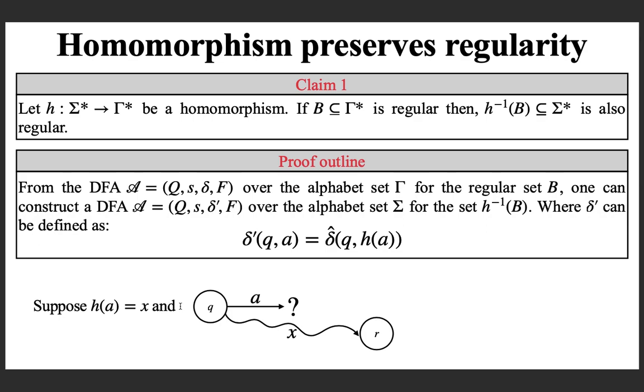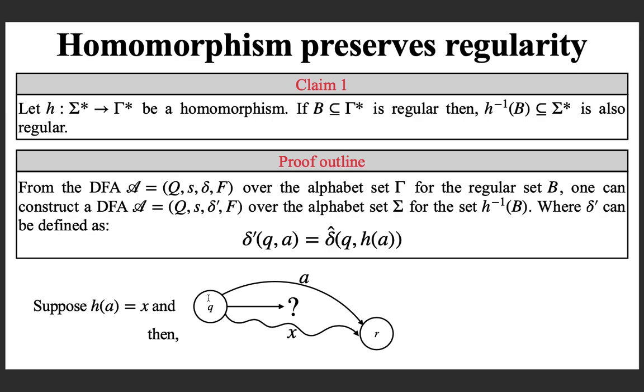So if you know that it is going to r, then you can say that the a transition is going to the state r. So from the state q, you define the a transition to a state r if and only if the homomorphic image of a has a path going from q to r.